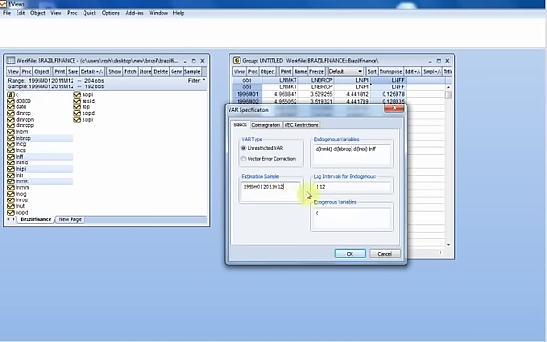Now I will first estimate my unrestricted model. The unrestricted model will include the dummy variable. We don't put it in the endogenous variables because it is an exogenous variable, so we put it here.